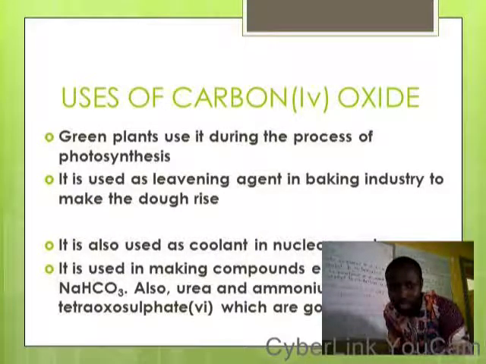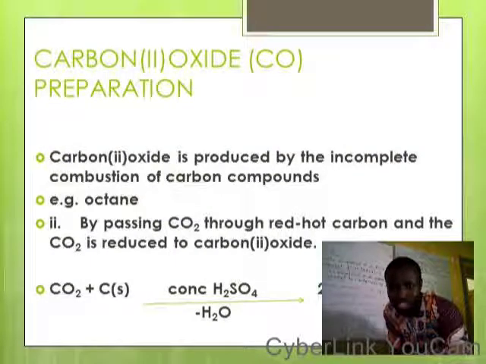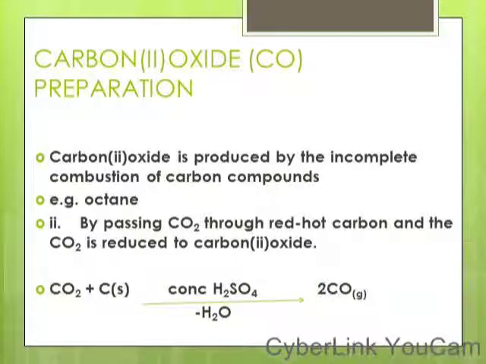So let us now move on and say preparation of carbon 2 oxide. Carbon 2 oxide is produced by incomplete combustion of carbon compounds like octane, or by passing CO2 through red hot carbon.